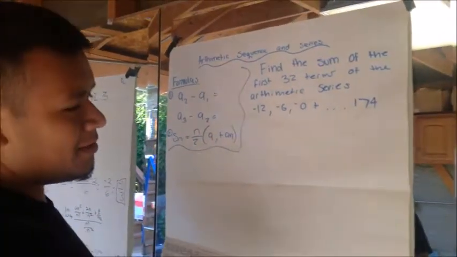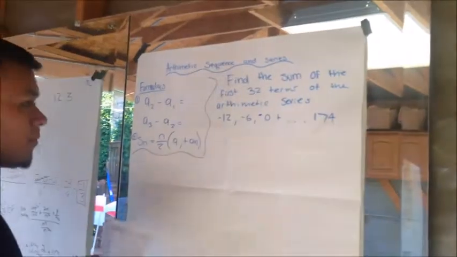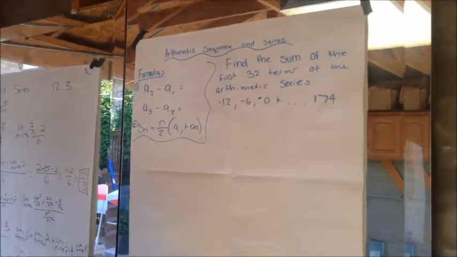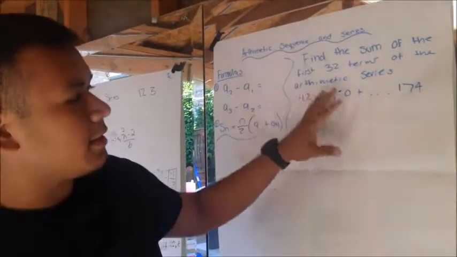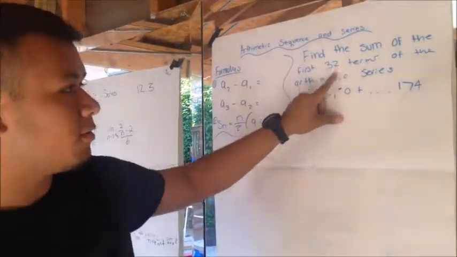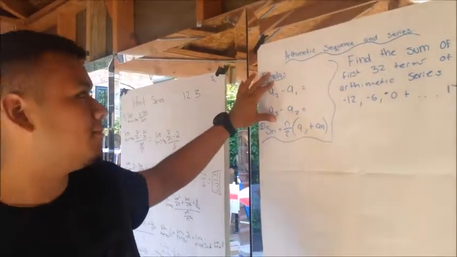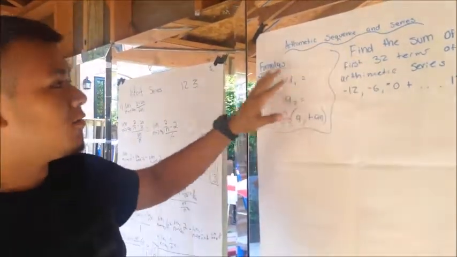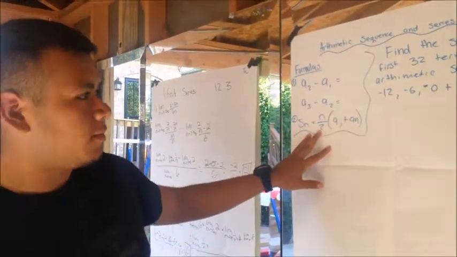I'm sorry, not -0, just 0. To find this, we're going to use the second formula. Why? Because with a bigger number like 32 terms, the first formula would take us 32 times to find the answer, so it's easier to use this one.